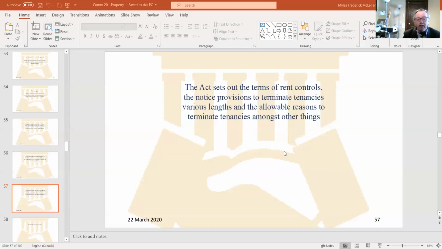Obviously, the most common notice that a landlord can give to terminate a tenancy is that the tenants are not paying rent, right? But having said that, the Ontario government this past week, Premier Doug Ford has gone public and said that during this period of self-isolation, and obviously a lot of people without work now as a function of what policies are put in place to control or contain COVID-19, nobody is going to be evicted as a function of these provisions being put in place.